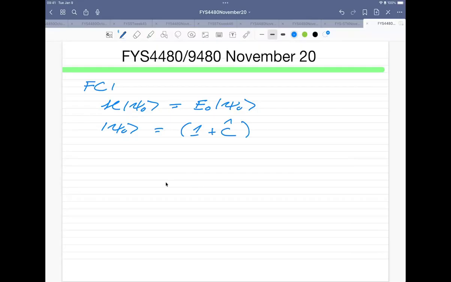This is acting on the unperturbed Slater determinant, or the non-interacting one. And the non-interacting one is actually an eigenbasis for the non-interacting Hamiltonian. And typically these phi zeros are Slater determinants.